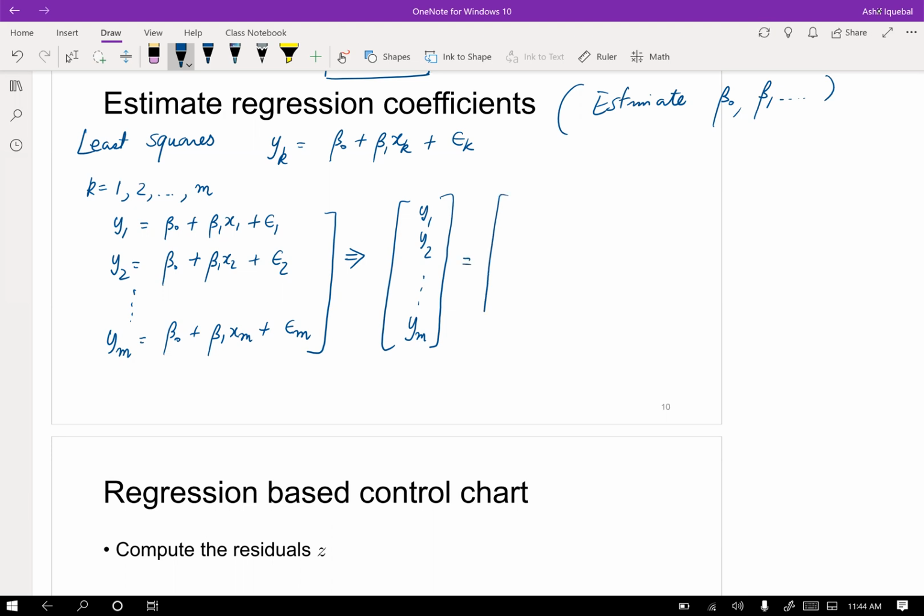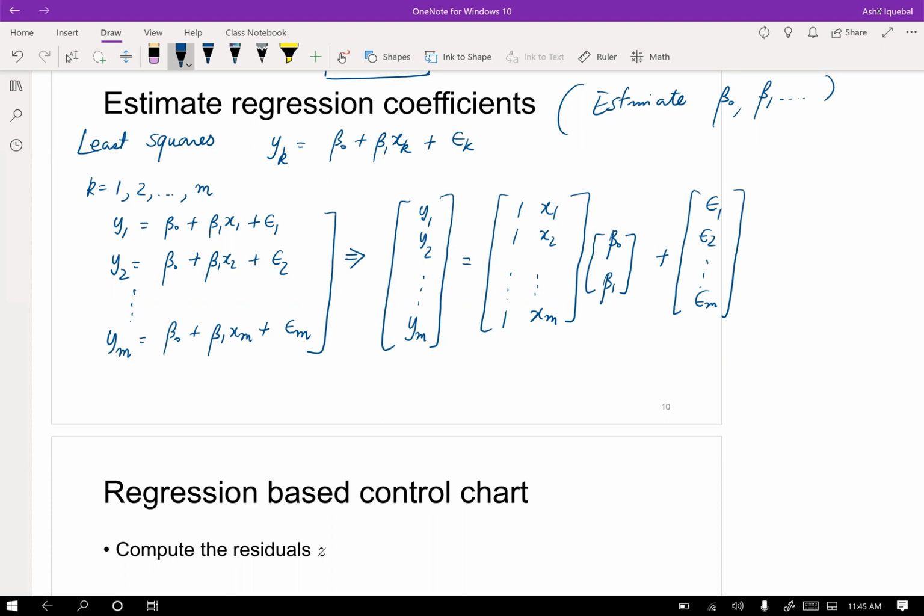This is equal to 1, 1 up to 1, x1, x2 up to xm, multiplied by our regression coefficients, which are beta 0 and beta 1, plus the final matrix epsilon 1, epsilon 2 up to epsilon m.